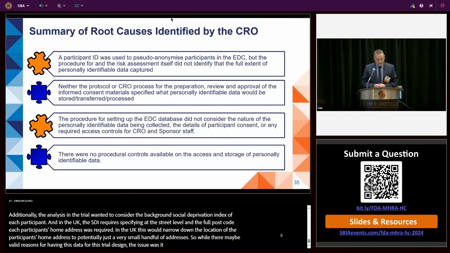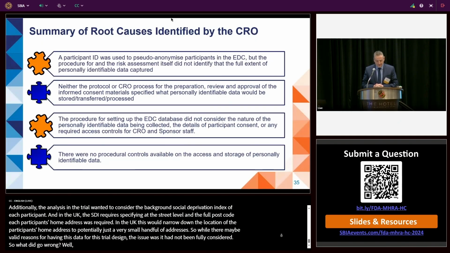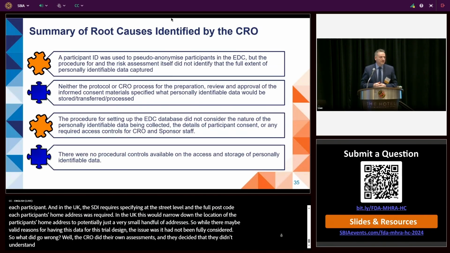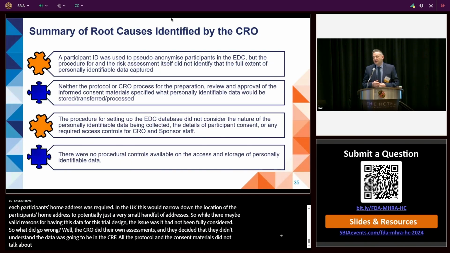Well, the CRO did their own assessment, and they didn't understand that the data was going to be in the CRF. The protocol and the consent materials didn't talk about the data that they were collecting, so during the protocol review and the review of the information sheet, it wasn't picked up in the approval processes.